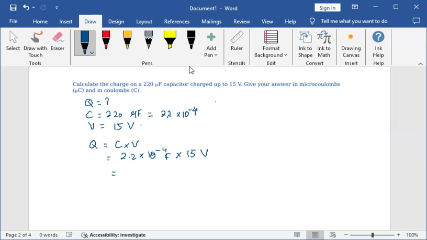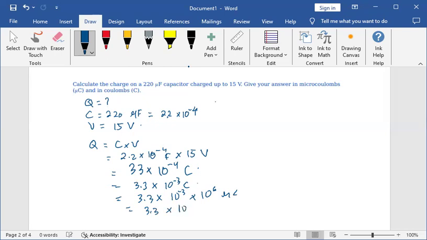So 2.2 times 15 is 33, times 10 power minus 4, or 3.3 times 10 power minus 3, and it's in coulombs. If you want microcoulombs, multiply by 10 power 6, which will be 3.3 times 10 power 3 microcoulombs.